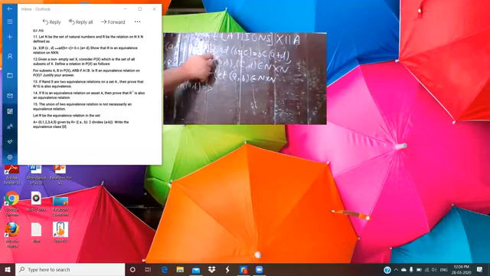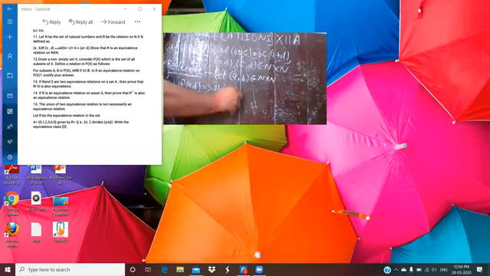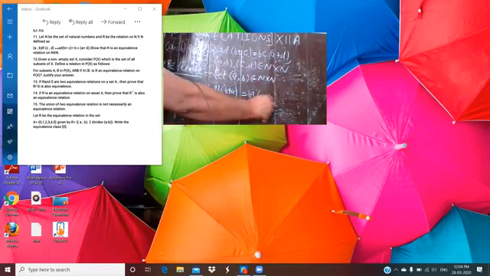The product of first and fourth, AB, into the sum of second and third, that means B plus A, is equal to the product of second and third, BA, into the sum of first and fourth, A plus B.